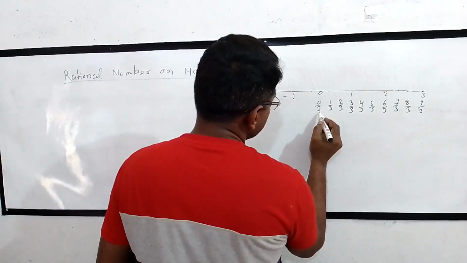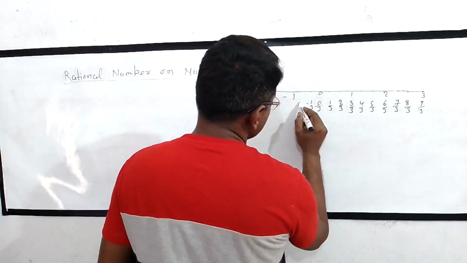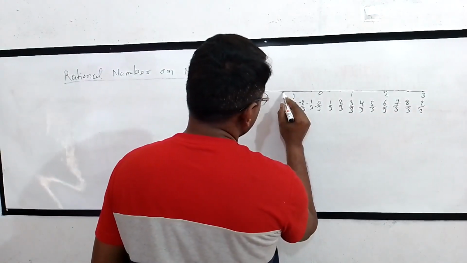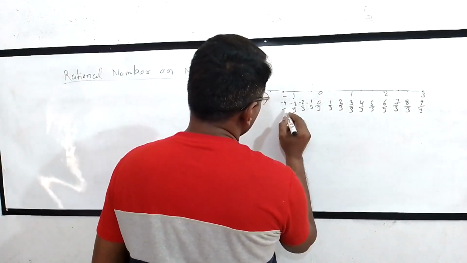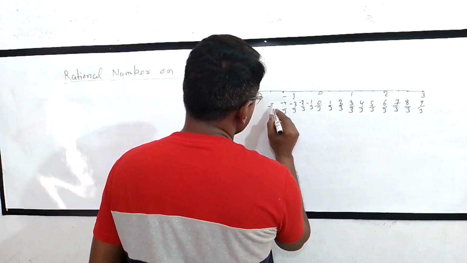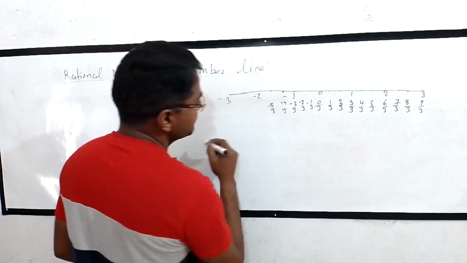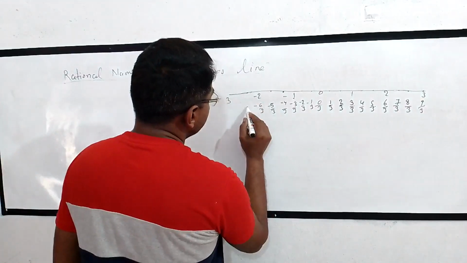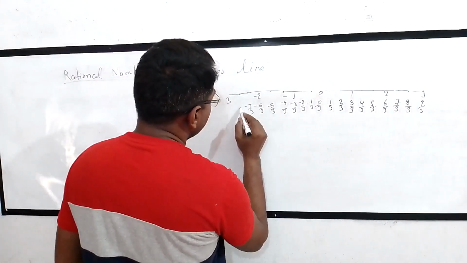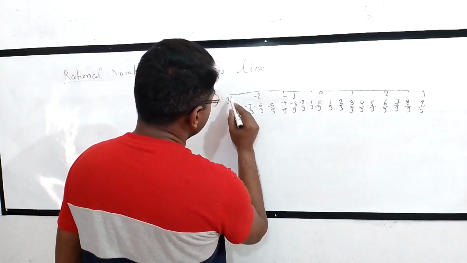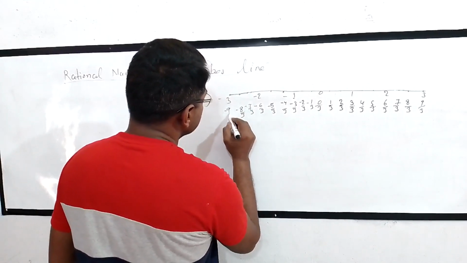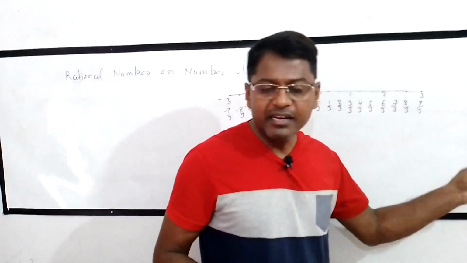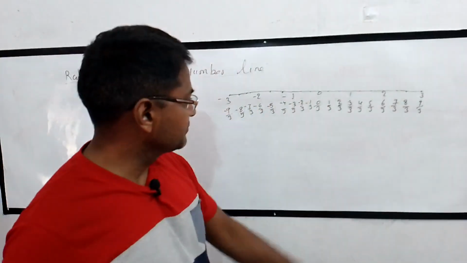So here it will be 0 by 3, here -1 by 3, -2 by 3, -3 by 3, again -4 by 3, -5 by 3, and -6 by 3, again this is -7 by 3, -8 by 3, and -9 by 3. In this way you will represent any rational numbers on the number line.